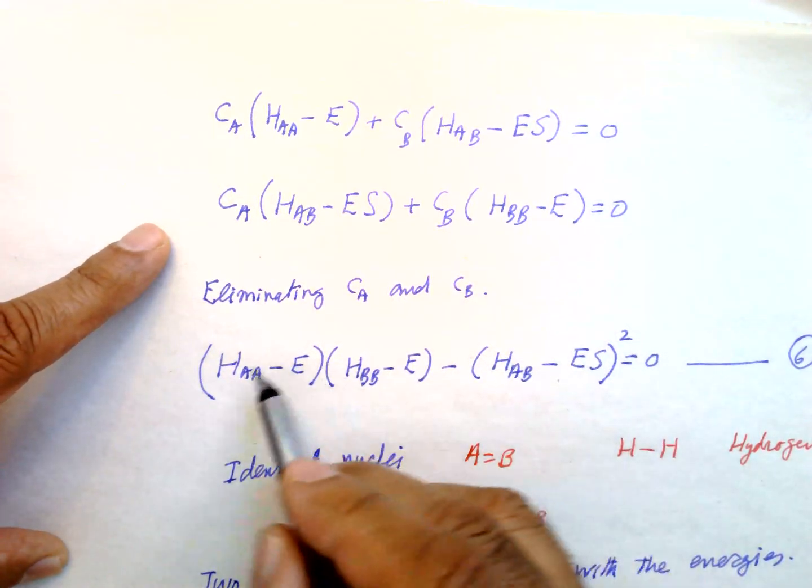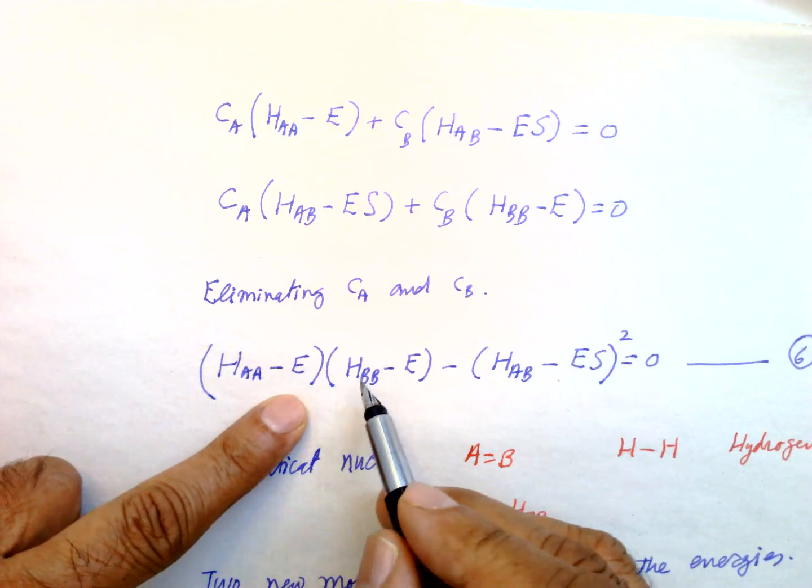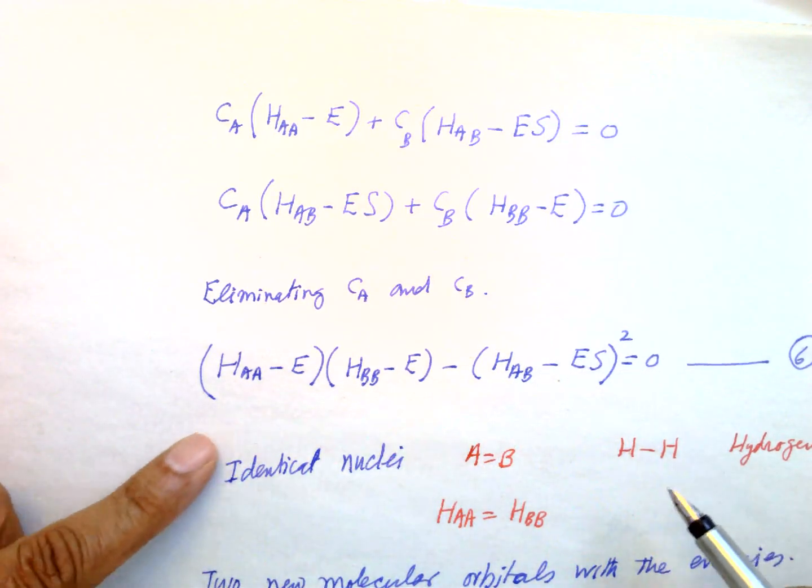Eliminating CA, we get HAA minus E, HBB minus E, HAB minus ES equals 0.